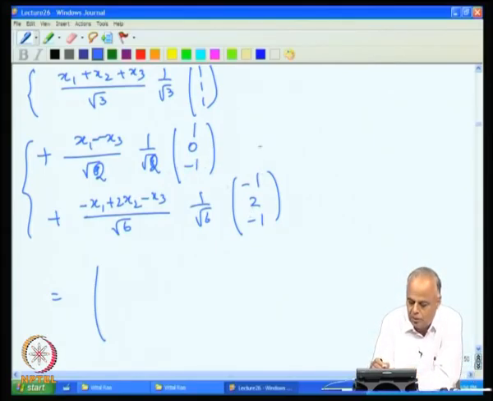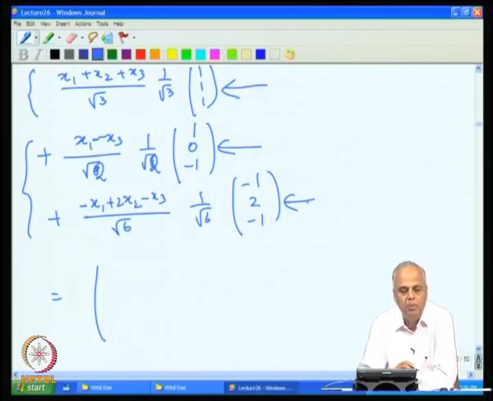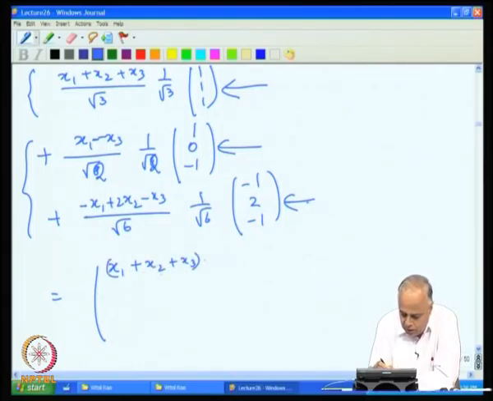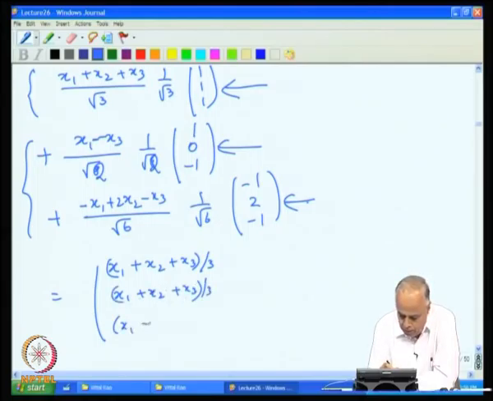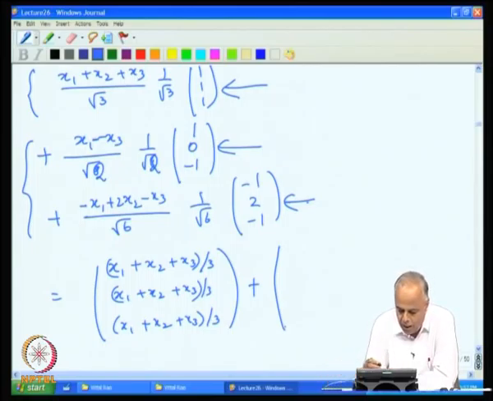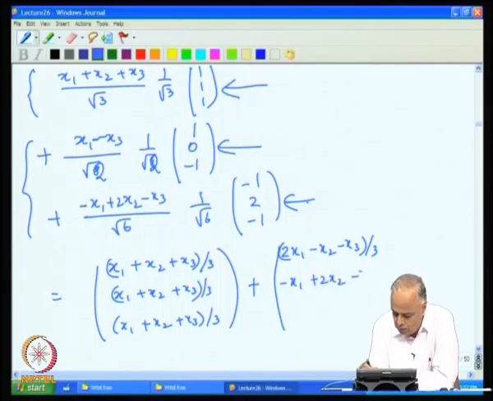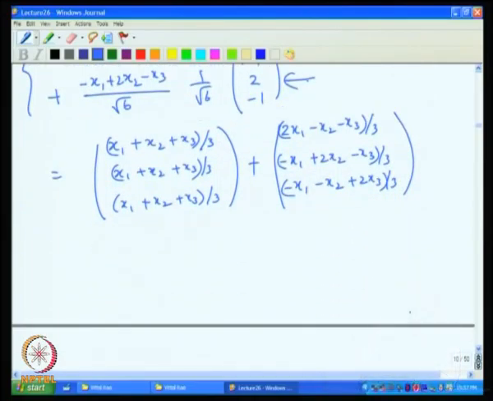Since psi 1 and psi 2 belong to W perp, this linear combination will belong to W perp, and since phi 1 belongs to W, that part will belong to W. So, we will just write it as (x 1 plus x 2 plus x 3) by 3 in each component, plus, if we now simplify the other part, you are going to get (2 x 1 minus x 2 minus x 3) by 3, (minus x 1 plus 2 x 2 minus x 3) by 3, and (minus x 1 minus x 2 plus 2 x 3) by 3, and when you add you get equal to x.